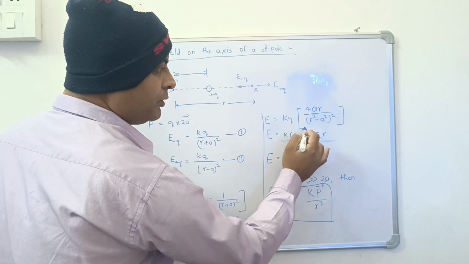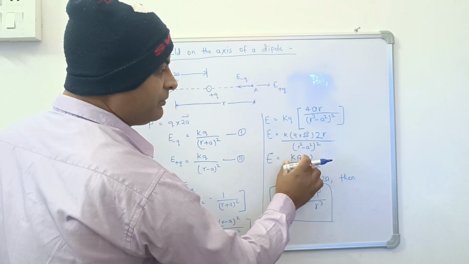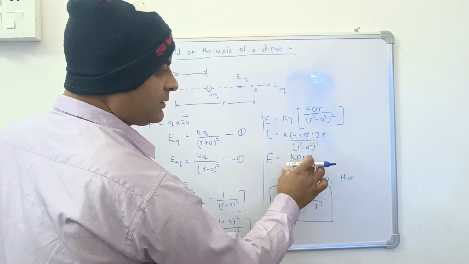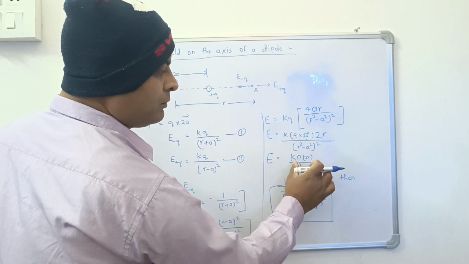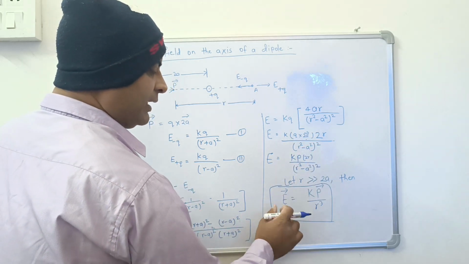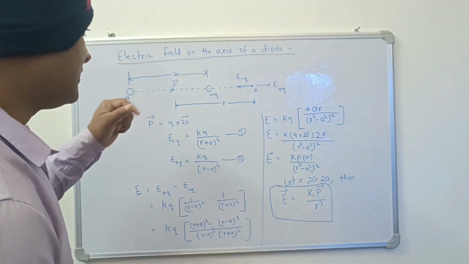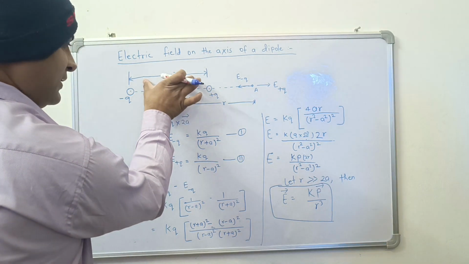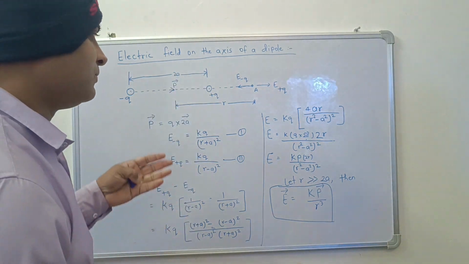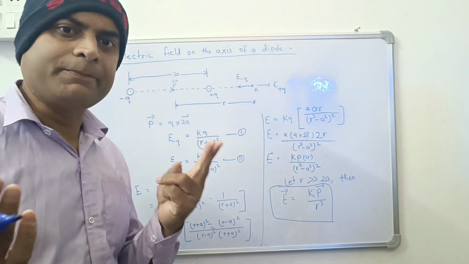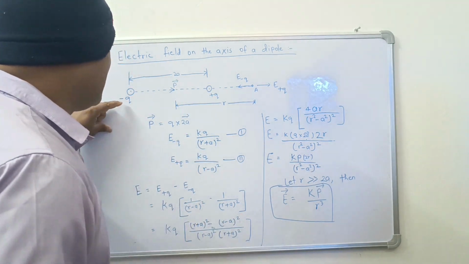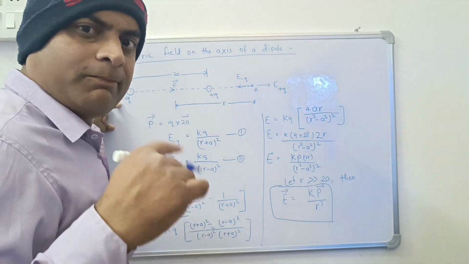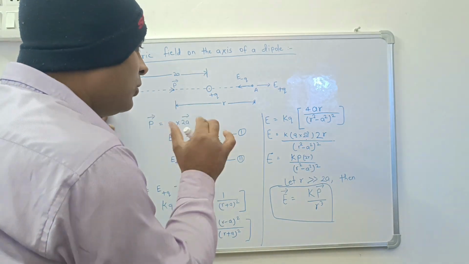So Q into 2a stays together, and this becomes the electric dipole moment p. Now, r is much greater than 2a, because the dipole is defined as two charges separated by a small distance, so 2a is always much smaller than r.